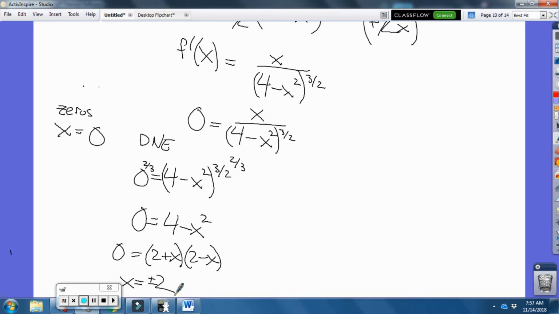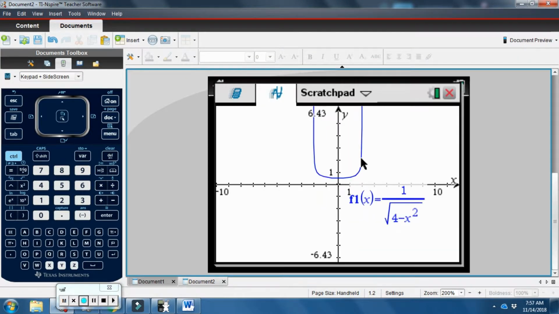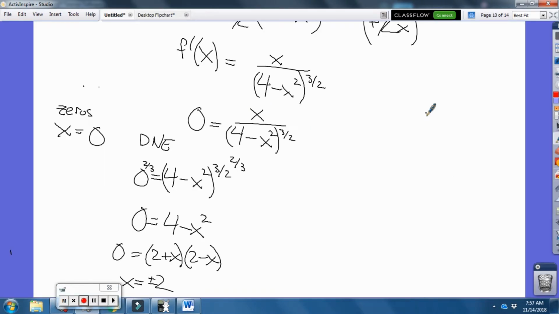And that looks pretty consistent with my graph. It looks like there may be a vertical asymptote at 2 in my graph, so it makes sense that there's a critical point there. It also looks like there's a minimum at 0, so that's consistent with my graph. I have to consider whether those points are maxes and mins.